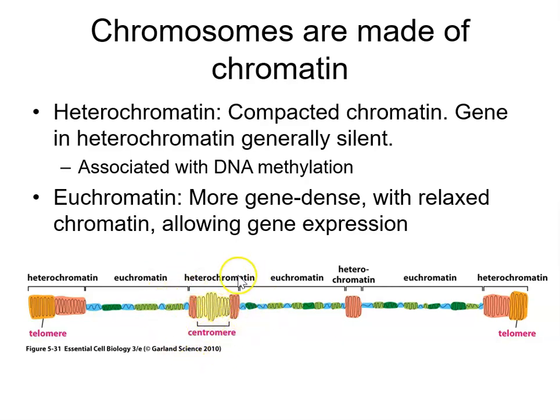Then in the center, in the middle of the chromosome, or where the two chromatids are stuck together, I should really say, is the centromere. It's another region that's very much lacking in genes. So when I'm talking about chromatin and genes, I'll be talking about genes within this euchromatin region, which can be silenced to more resemble heterochromatin.